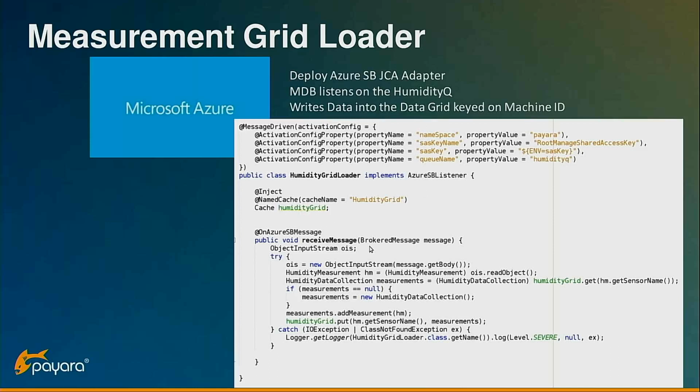In a similar way, when it receives a message, it takes that humidity measurement from the message, creates a new collection keyed on the sensor name, and then pushes it into a grid. And that's all the code that we require to keep that measurement against the sensor name in a large-scale, cloud-side memory store.